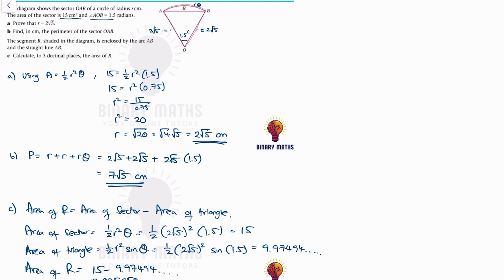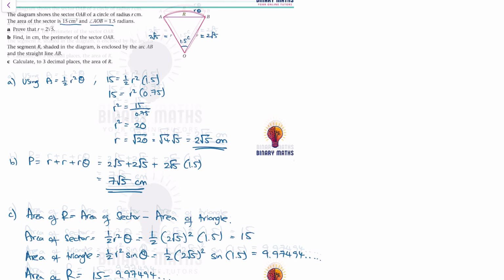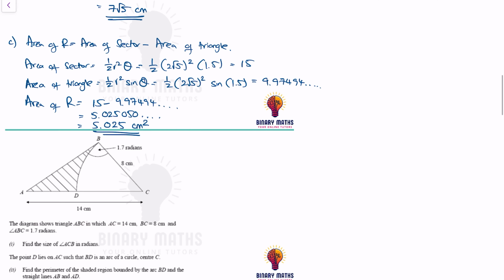Because the units are centimeters, the area of R will be centimeters squared. Okay, next question.